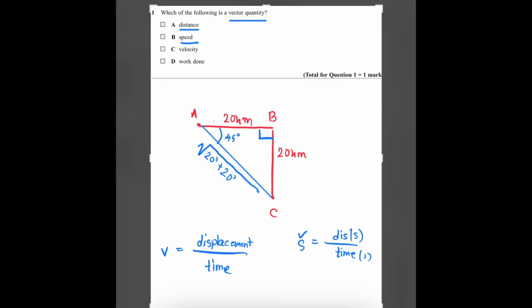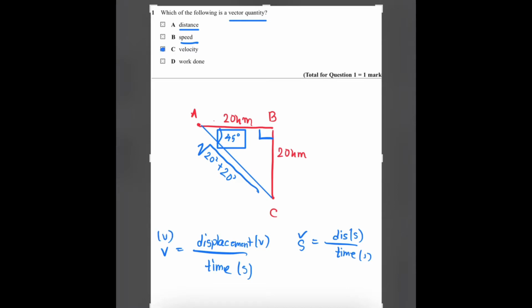So the displacement might be the square root of 20 squared plus 20 squared, at 45 degrees south of east, or due west. So this 45 degrees is a type of direction, right? So displacement has both magnitude and direction. So displacement is a vector quantity, time is a scalar quantity. So since the right hand side has a vector quantity, velocity would be a vector quantity.